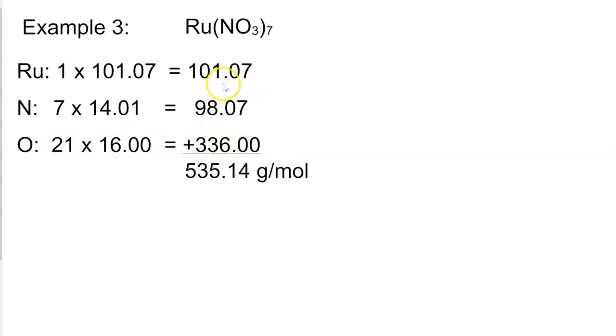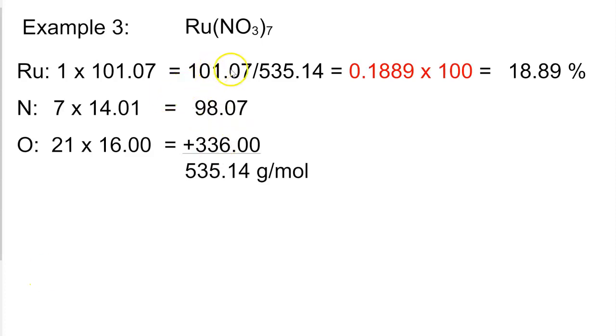Add those up. These are our 3 parts, and this is the whole. We take each of them, divide by the whole, part over whole, and multiply by 100. The part in red you can leave out in the notes and in your practice. Everything else must be shown for credit.